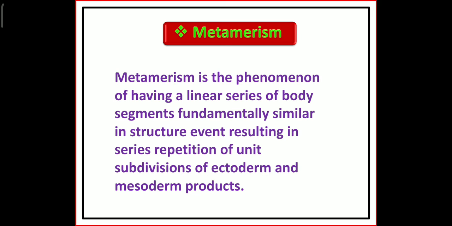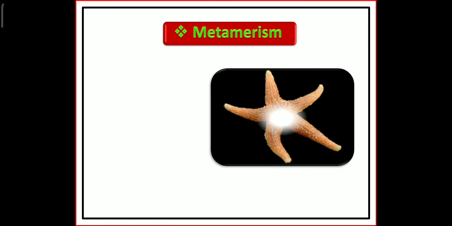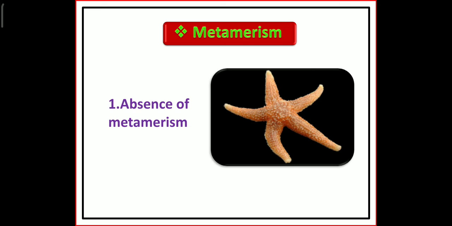Metamerism. Metamerism is the phenomenon of having a linear series of body segments fundamentally similar in structure, resulting in serial repetition of unit subdivisions of ectoderm and mesoderm products. In the animal kingdom, some animals are segmented because their body is composed of numerous segments, and some animals have no segmentation.